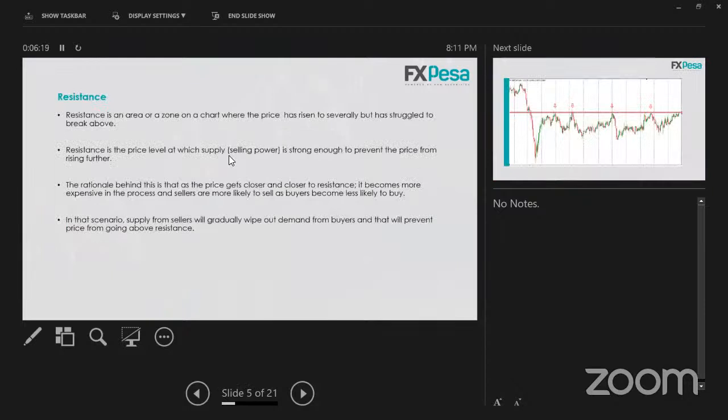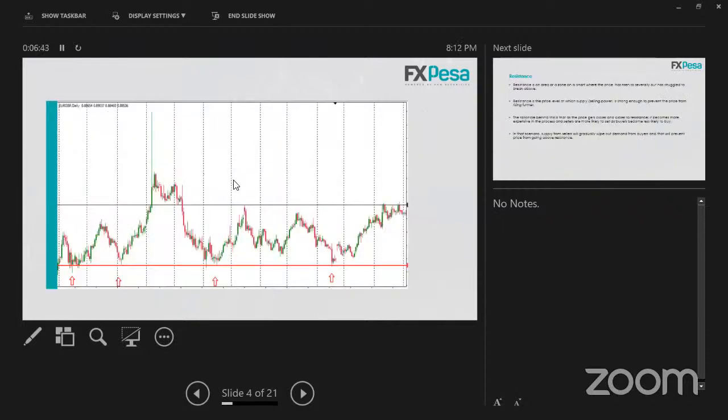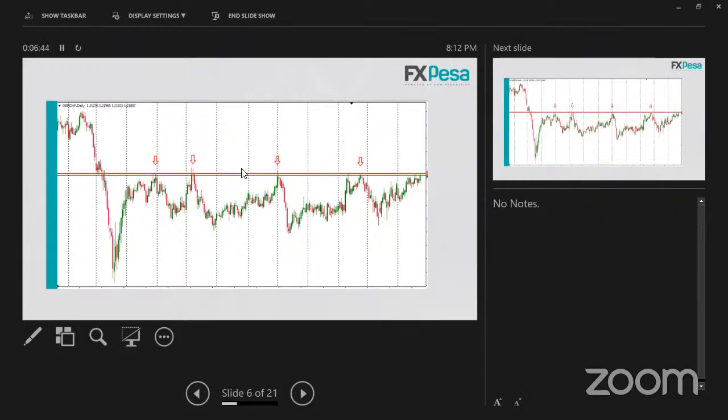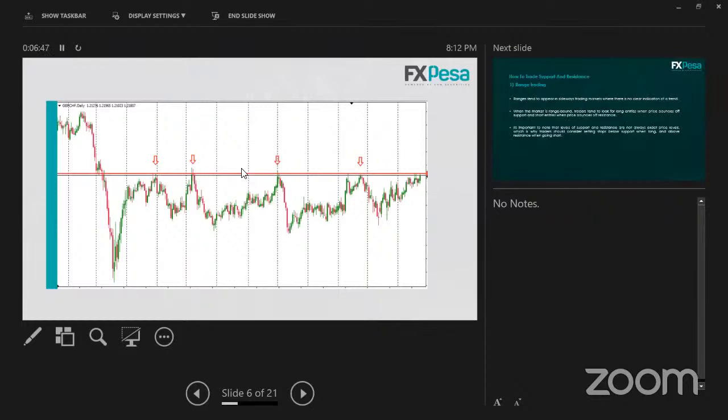The rationale, or the psychology, is that when the price gets closer and closer to resistance, it becomes more expensive in the process, and sellers are more likely to sell as buyers become less likely to buy. This resistance zone shows the presence of supply.